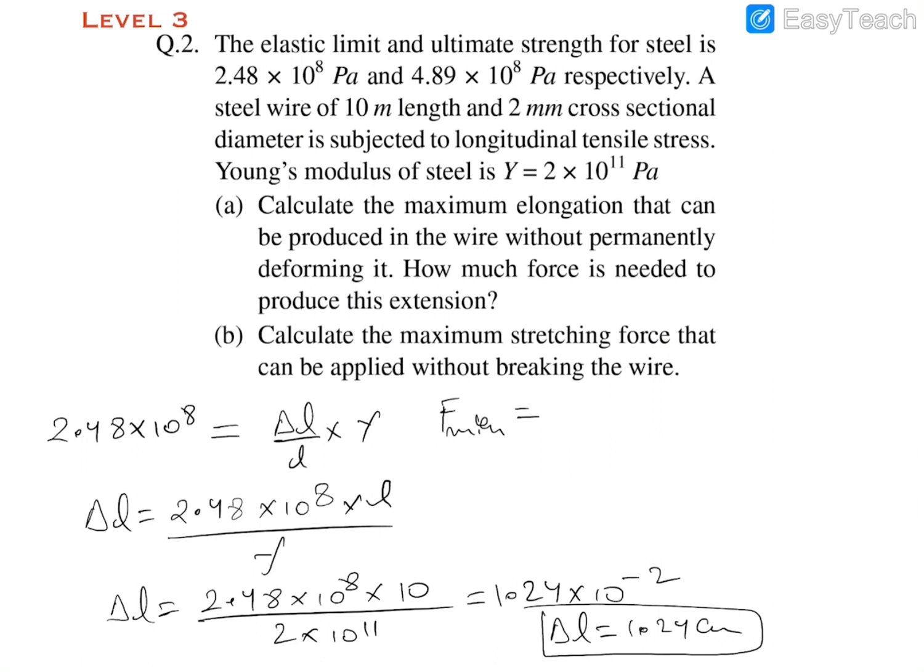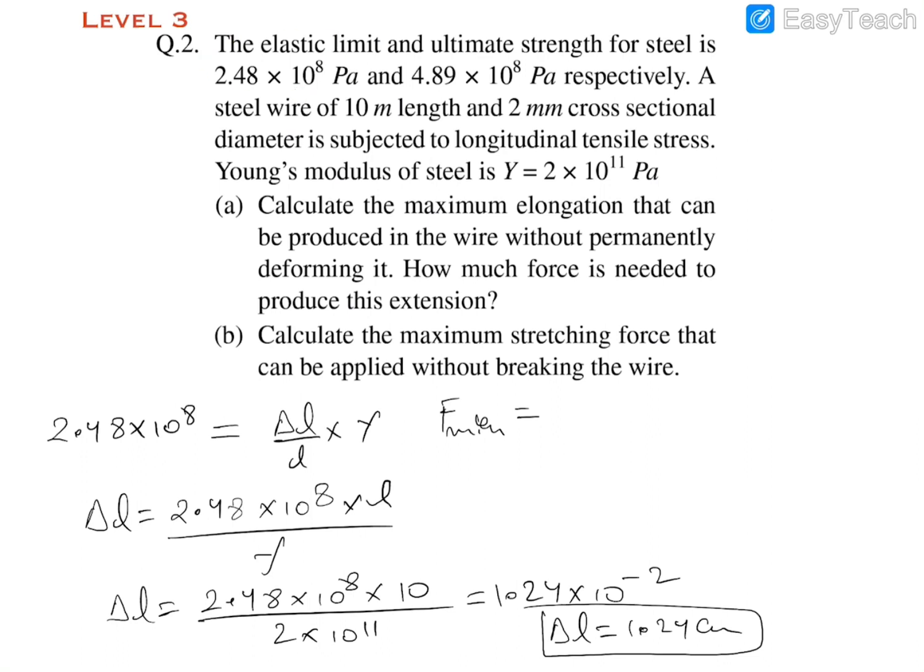So the plastic material means that it does not regain its original shape and size when we deform it. So the minimum force required for this purpose is the force required so that the stress which is equal to the elastic limit is reached.